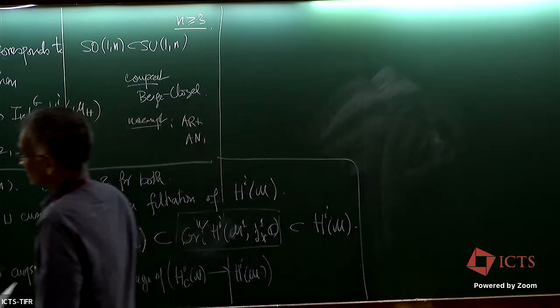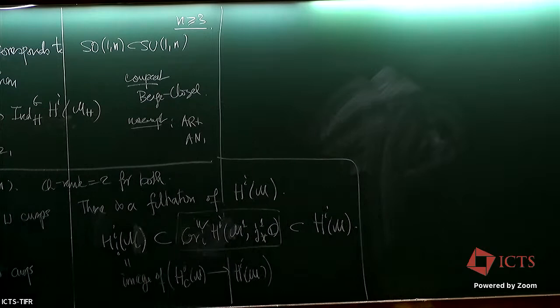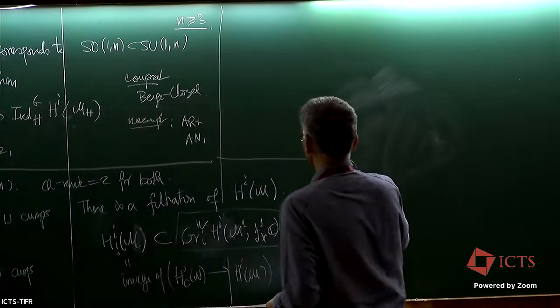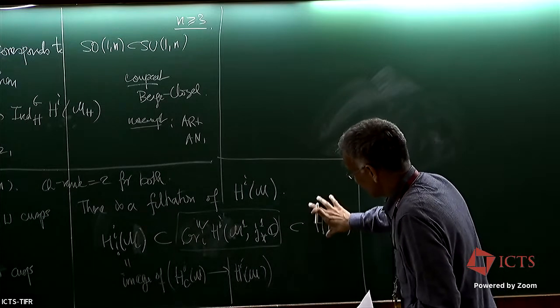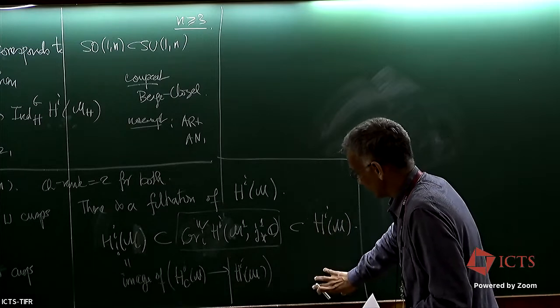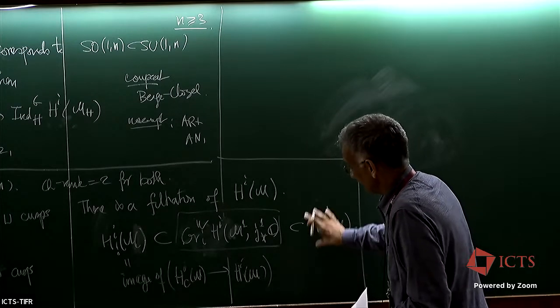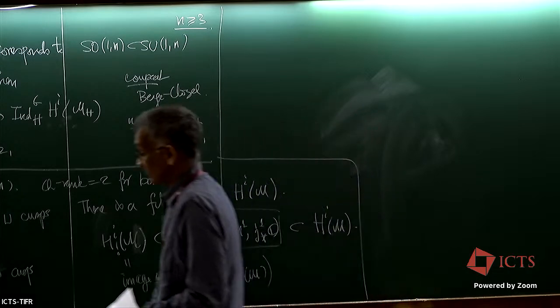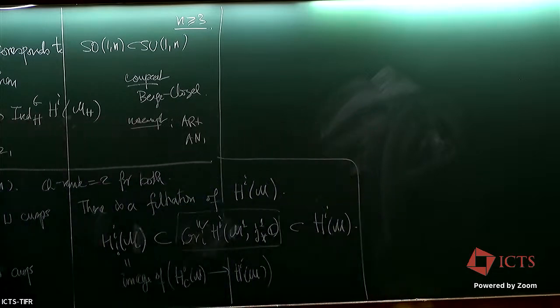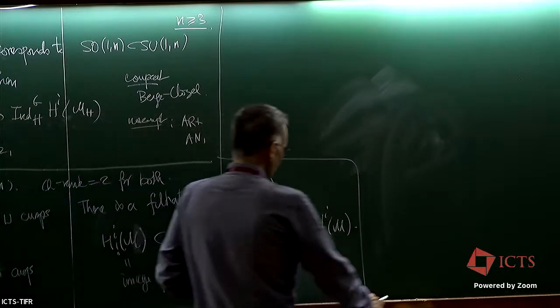And why does it fail? These classes that you would produce here are forced to die under a certain map to the boundary in the other guy, but they might survive in the cuspidal part. So this is what I was saying: you have to look at these classes, and somehow they need to pair with a cuspidal class on the subarray.